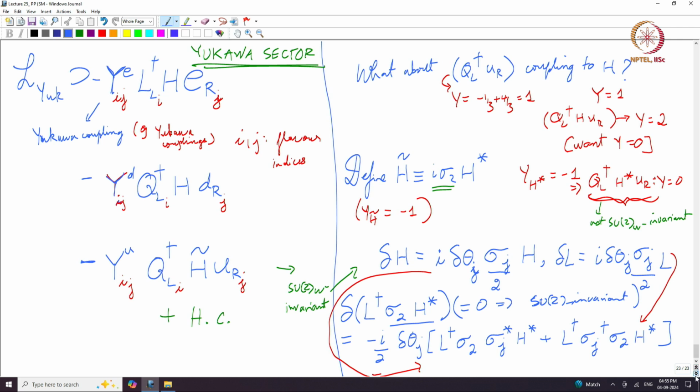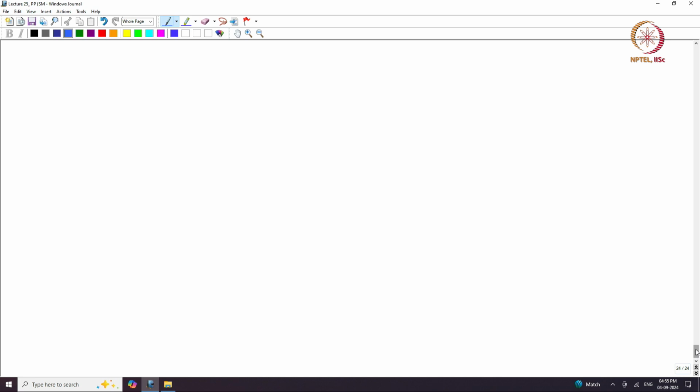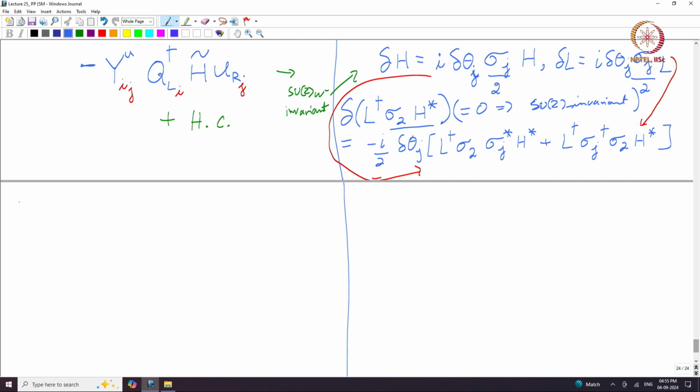Now, let me quickly rewrite that as minus i over 2 delta theta j, L dagger and H star have remained intact, right? So I put sigma 2 sigma j star plus sigma j dagger sigma 2, okay? And I'm pulling out an H, okay? Just rewritten it. I do this because now we are going to make use of a fact.